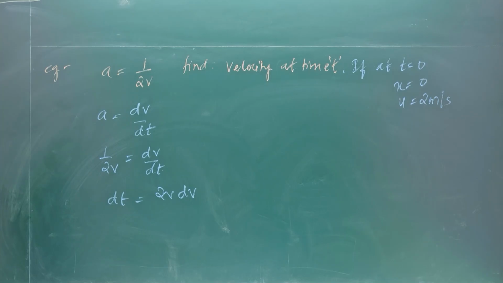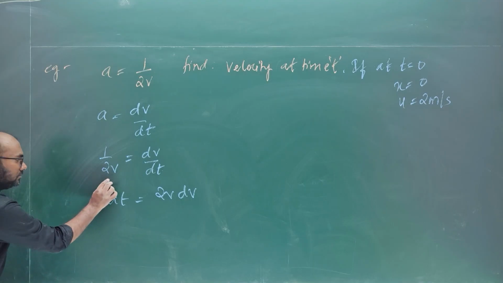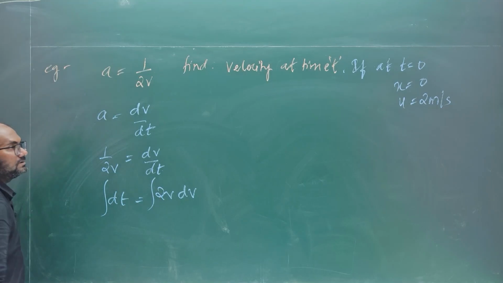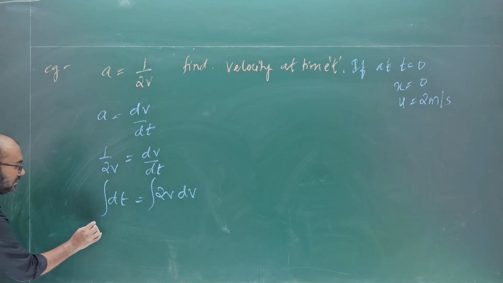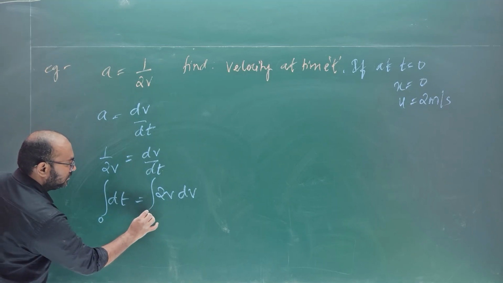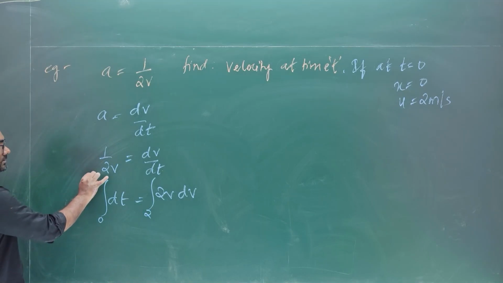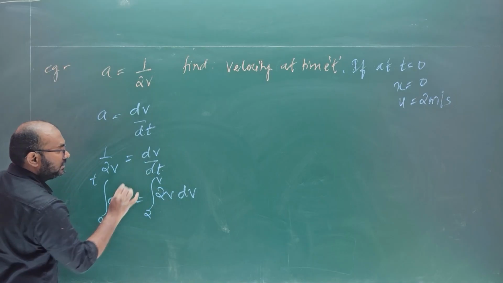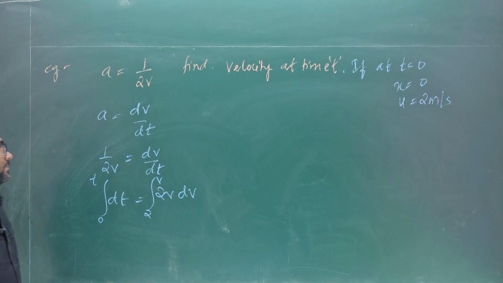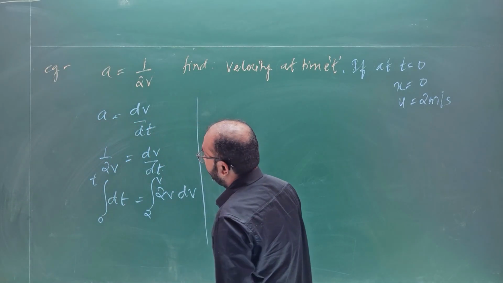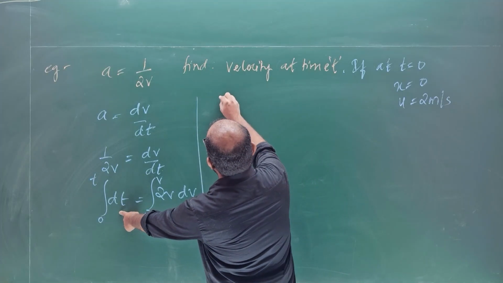Now integrating, what to do now? At t equal to 0, x is equal to 0, and u is equal to 2. At t equal to 0, what is velocity? 2. At time t, we don't know what the velocity is. Let it be v. So this becomes t.